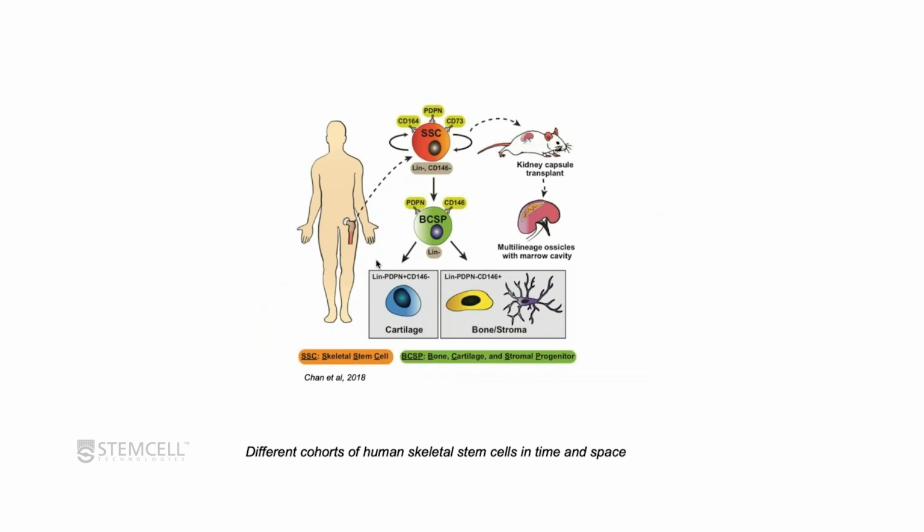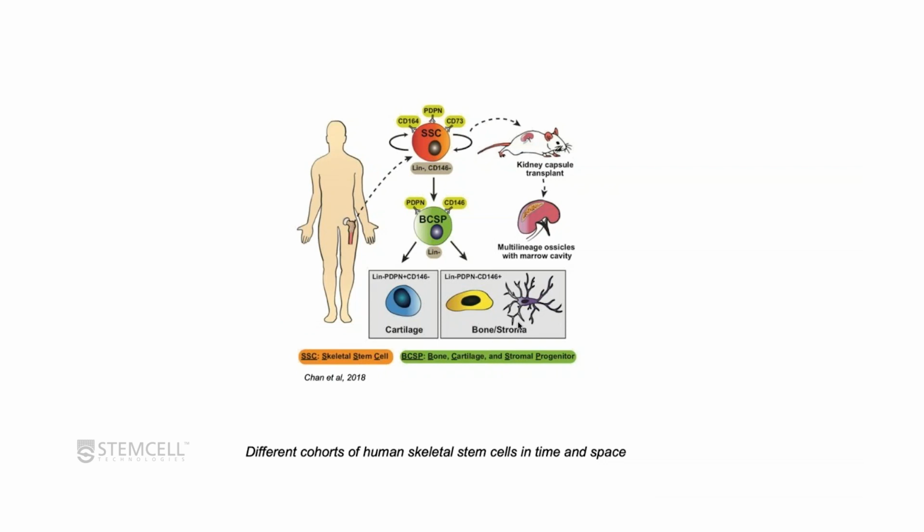There are many manuscripts. I'm just mentioning this beautiful work by Chen and colleagues that was published last year, in which the authors identified a population of skeletal stem cells in our prenatal and postnatal life, skeletal stem cells that generate cartilage, bone, and hematopoietic stroma.